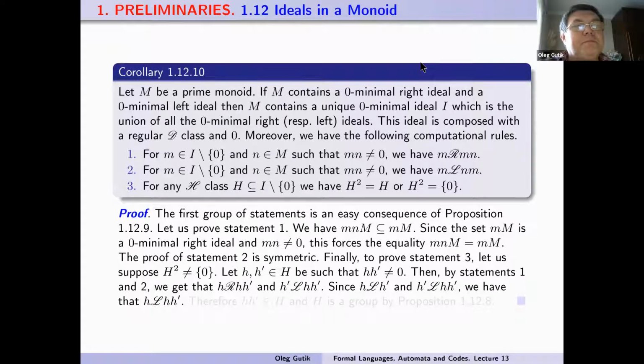Since h and h' are R equivalent and h' and h' are L equivalent, we have that h is L equivalent to the element h'. Therefore, we get that h' belongs to H, and H is a group by proposition 1.12.8. So this completes the proof of our corollary.